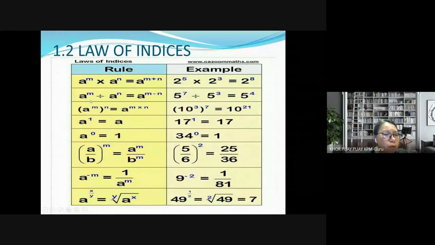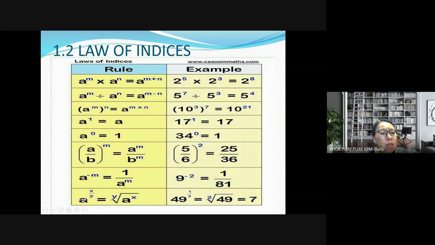And when you have a bracket, the index inside the bracket and outside the bracket you have to times. Anything that is power of 1 is still that base. Any base that is power of 0 becomes 1, not 0. And if you have a negative index, negative means flipped, terbalikkan, you have to flip your base upside down.